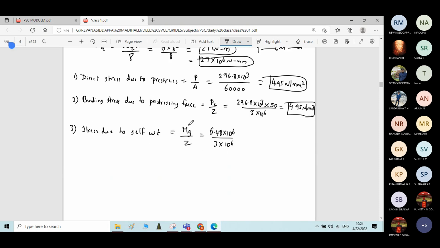Okay, so the stress due to self-weight, if you calculate, you will get 2.16 Newton per mm square.